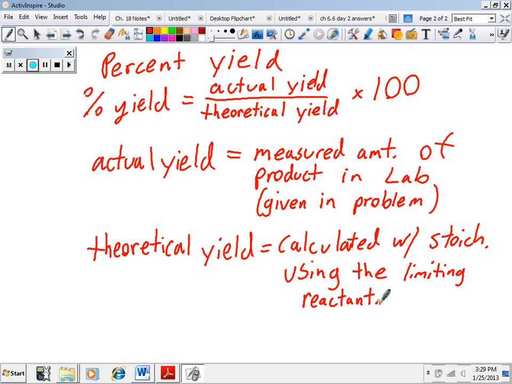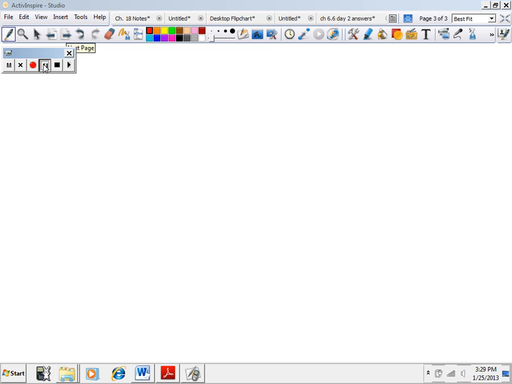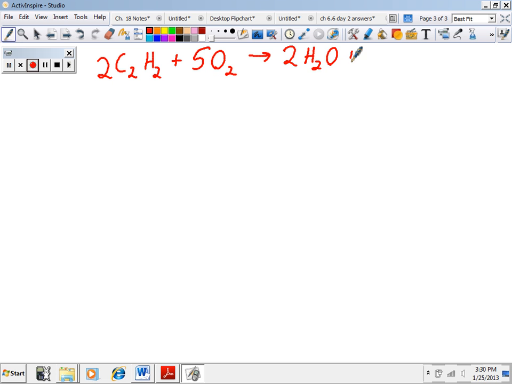All right, so let's take a look at an example problem. We're going to use the same chemical reaction as last time, so we have 2C2H2 plus 5O2 yielding 2H2O plus 4CO2.